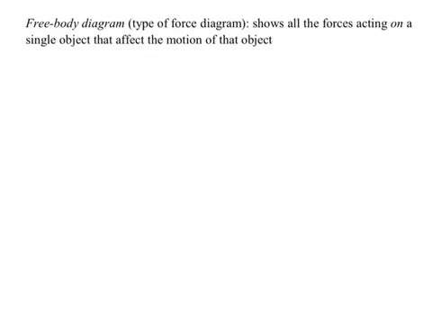Now, what I also want you to do is to think for a moment about an object like a train. Think about a train that is accelerating to the right.